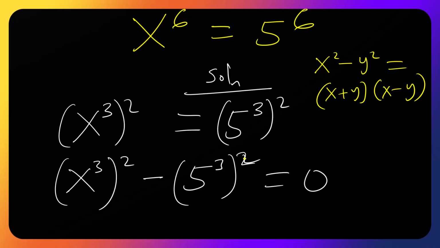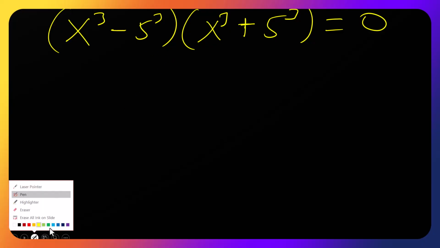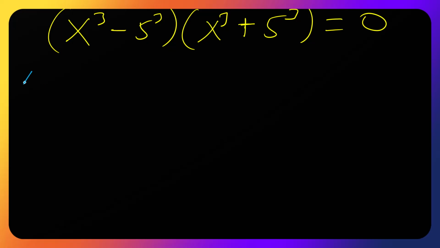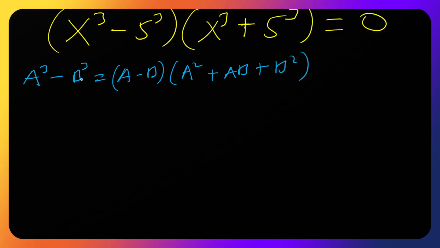Now, from the difference of two squares, we are back to the sum and difference of cubes. When you are given a cubed minus b cubed, it's the same as a minus b, times the square of the first term plus the product of a and b plus b squared.